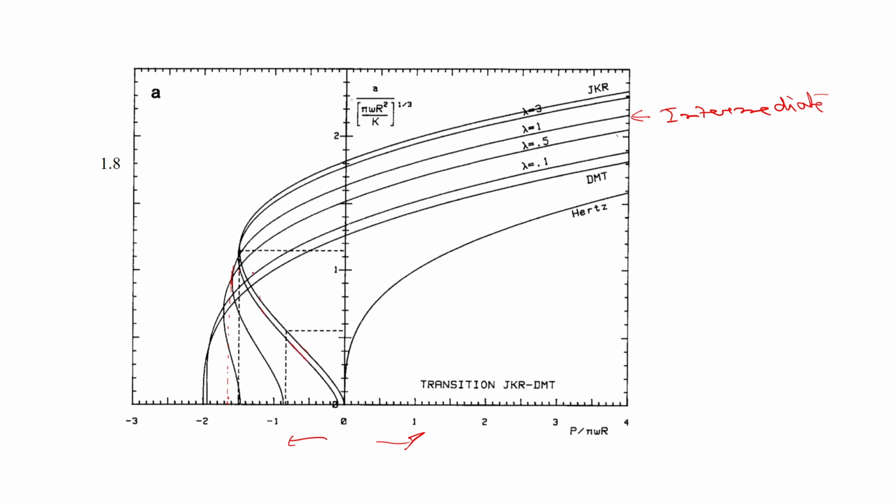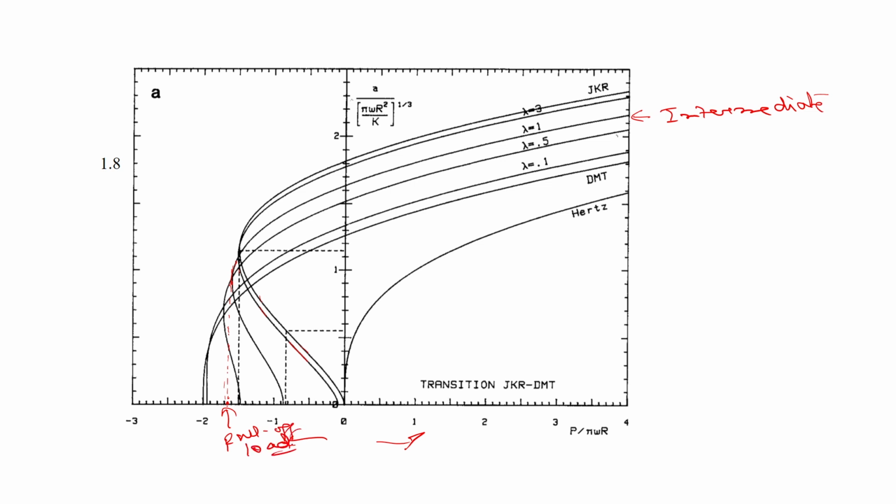What you will see in this portion is that this contact will jump off and it will come out of the contact, from the surface. So, it will be this load here, this point here. This is the pull off load for this particular case.